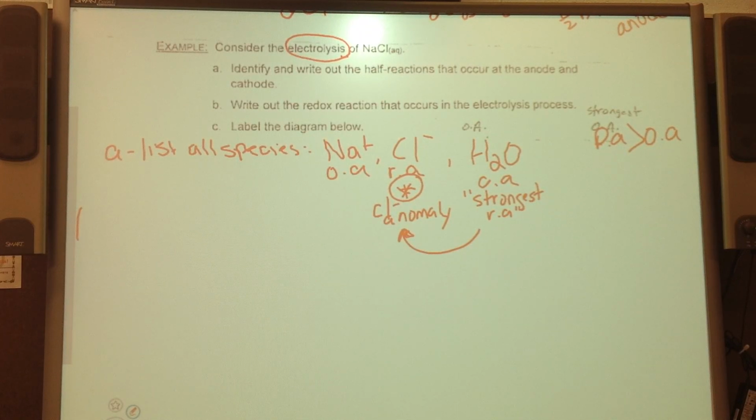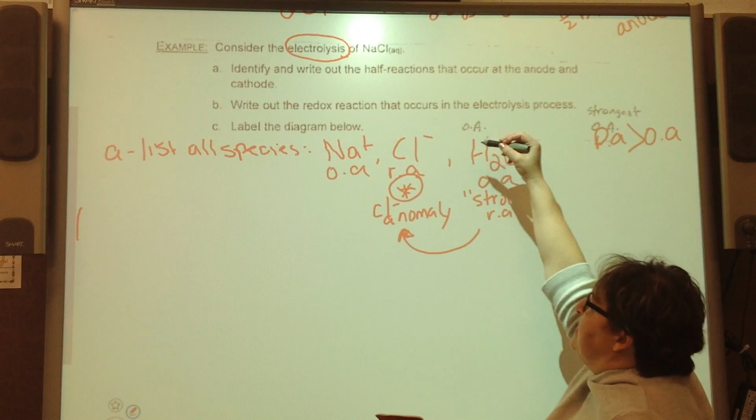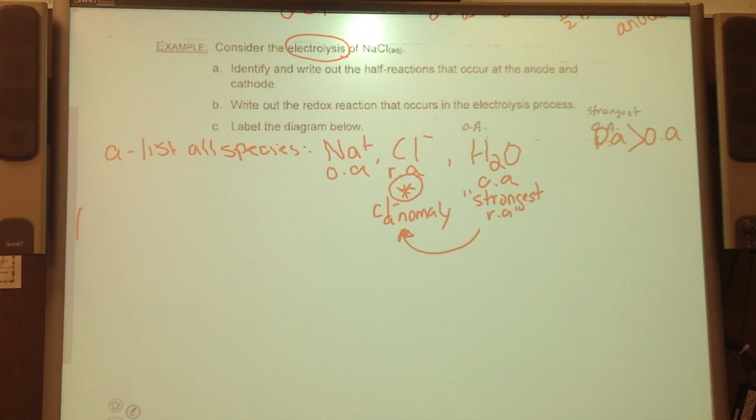So this here is the oxidizing agent, and this is the oxidizing agent. We find these actual species on the left-hand side, and we find that on the right-hand side. But when we come across this water, would you go where water is found as a reducing agent at positive 1.23, making it stronger than chlorine?